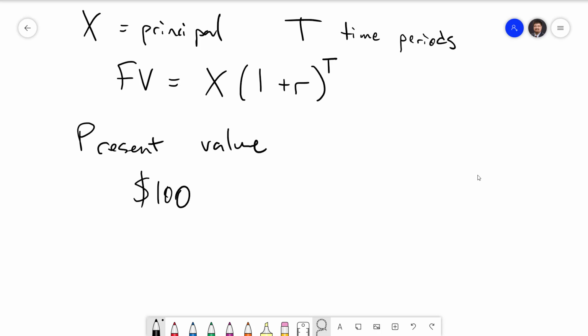So to calculate the present value of that $100, we're going to divide it by 1.05. And that's going to give us approximately $95.24. This means that $100 received in a year is equivalent to receiving $95.24 now, because we could put that $95 in the account and generate enough interest to get $100 in the future.